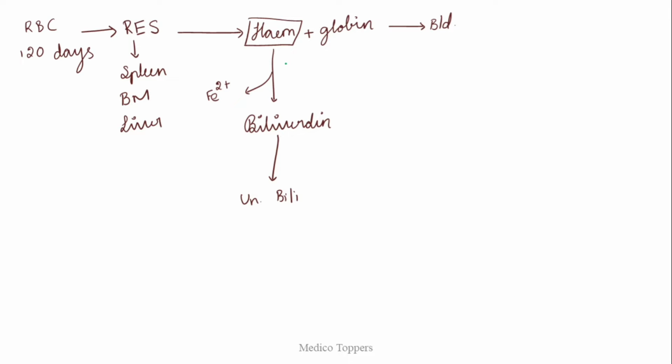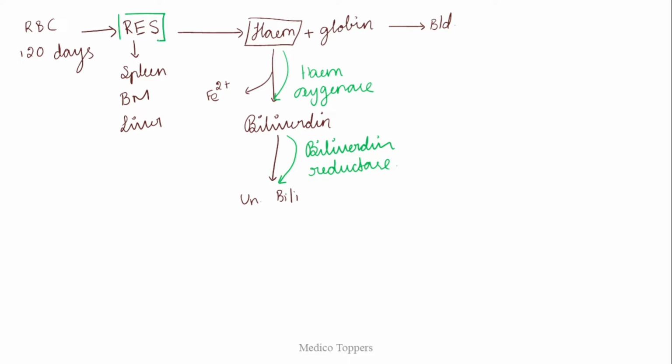The most important thing is that the enzyme involved in the conversion of heme into biliverdin is heme oxygenase. And the conversion of biliverdin to unconjugated bilirubin is because of the enzyme biliverdin reductase. All these mechanisms happen in our reticuloendothelial system.